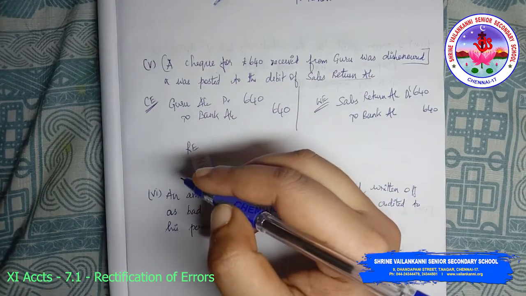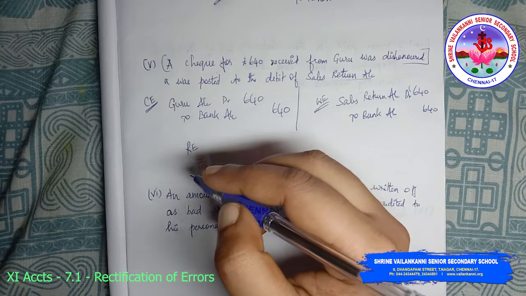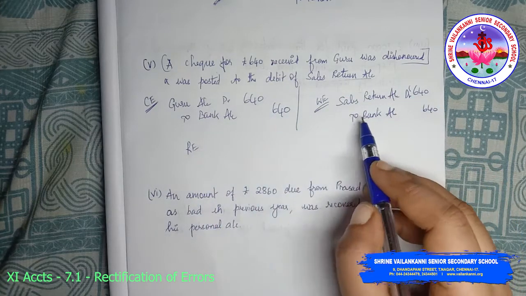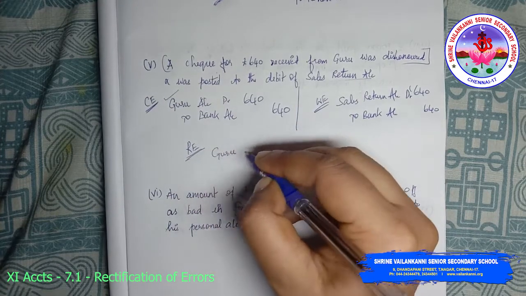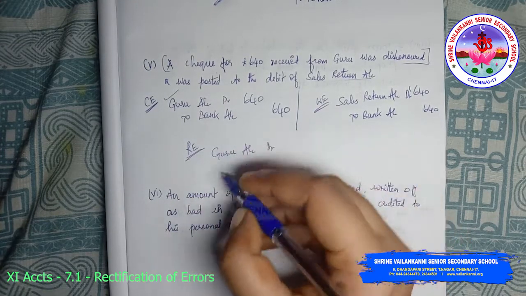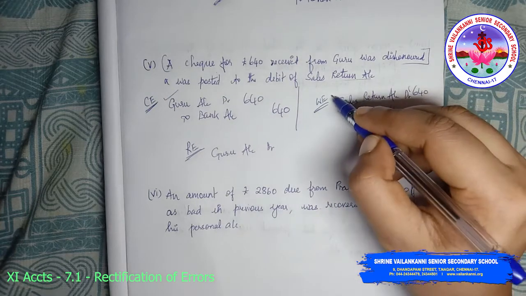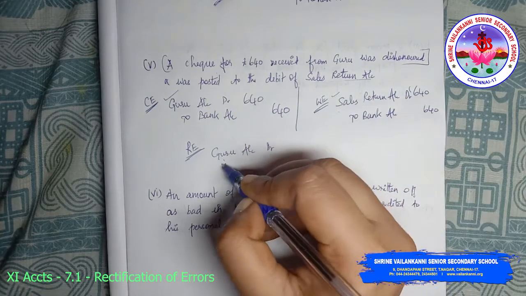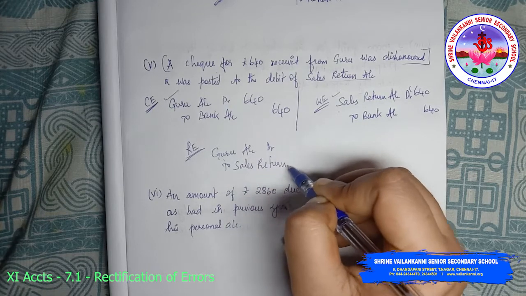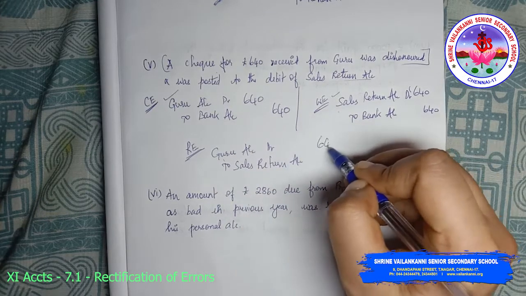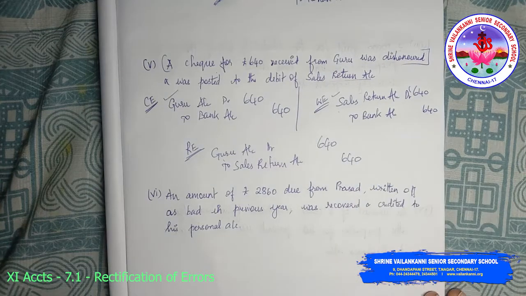The rectifying entry would be: correct person to be debited is Guru. Wrong person needs to be cancelled, sales return account. So we have rectified this.